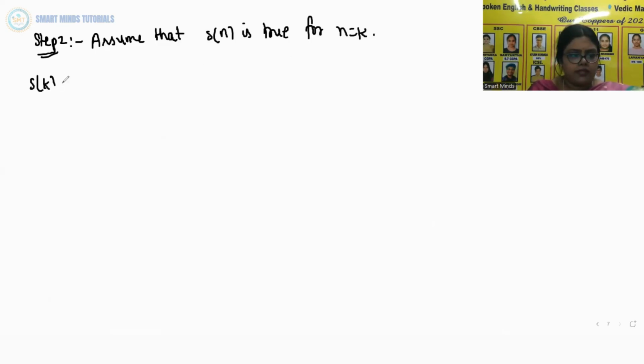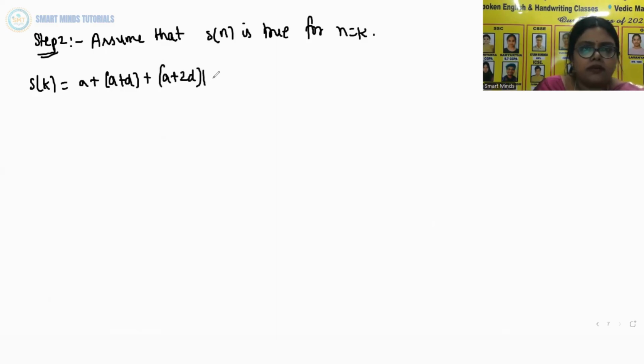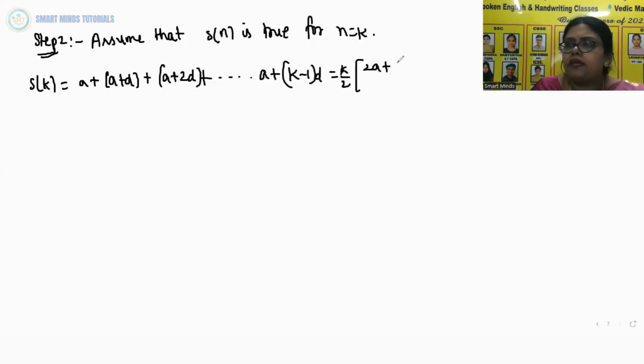So S(k) = a + (a + d) + (a + 2d) + ... + (a + (k − 1)d) = k/2 × (2a + (k − 1)d). So now we move on to step 3 and we take this as equation number 1.